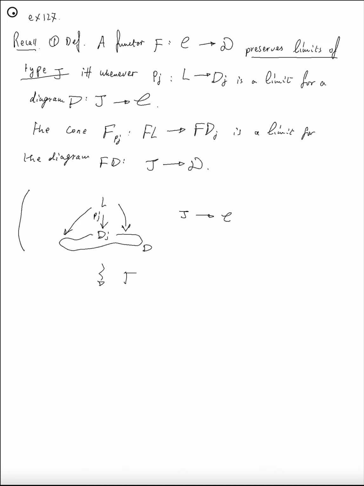After you apply F, if this F of L is again a cone, a universal cone, so a limit for the diagram F of D, then we say F preserves limits.